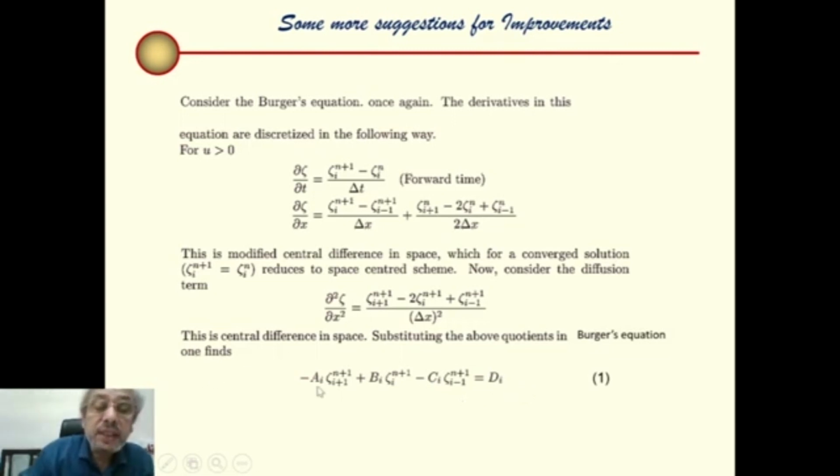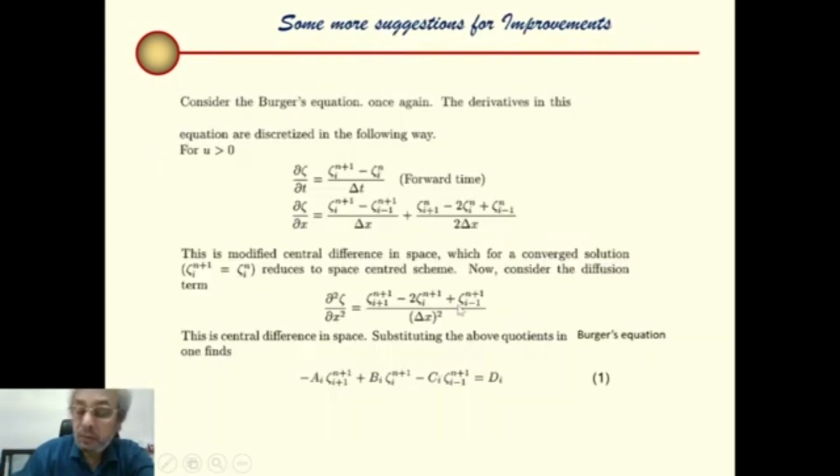So after algebra, the coefficient associated with zeta i plus 1 n plus 1 will be ai, the terms associated with zeta i n plus 1 will be bi, and terms associated with zeta i minus 1 n plus 1 will be ci.